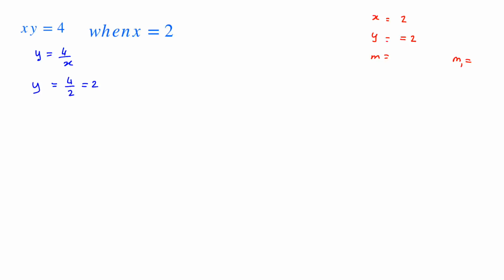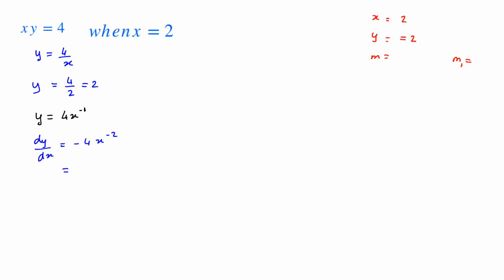To get the gradient, we are going to differentiate the equation y is equal to 4 over x. But we have to get the power of x in the numerator. So 4x to the power of negative 1. It is simplified, we can differentiate. 4 times negative 1 is negative 4. X to the power negative 2.